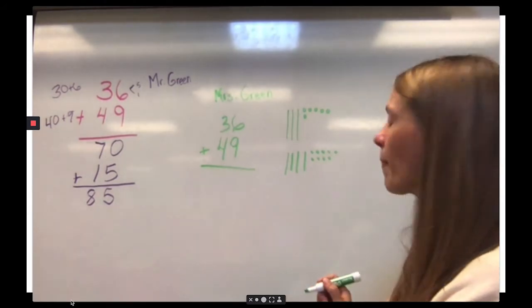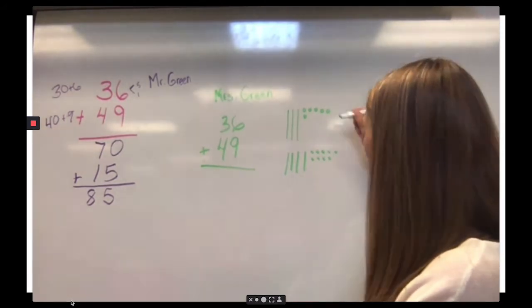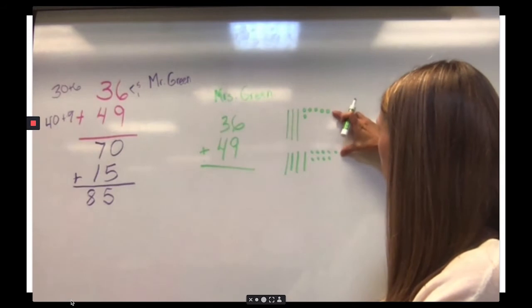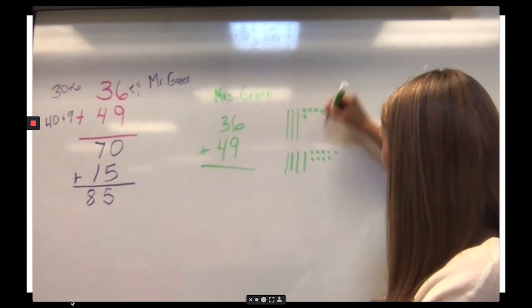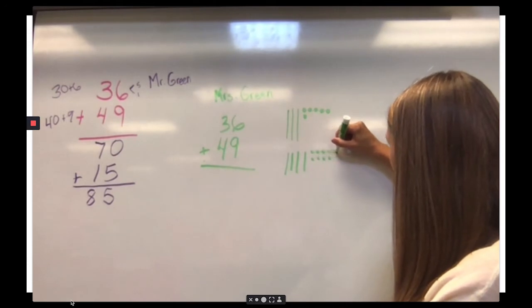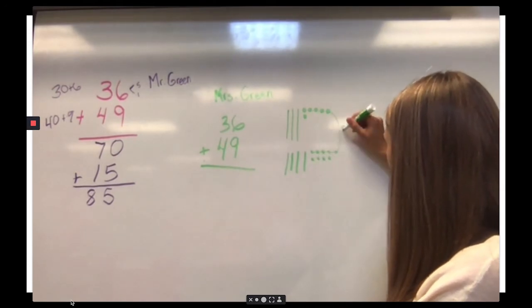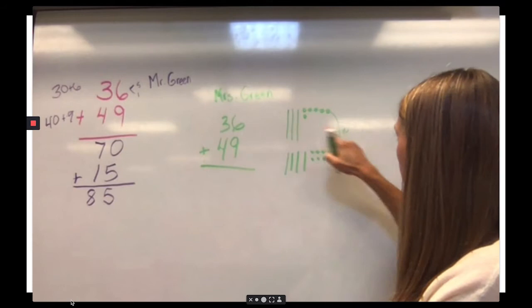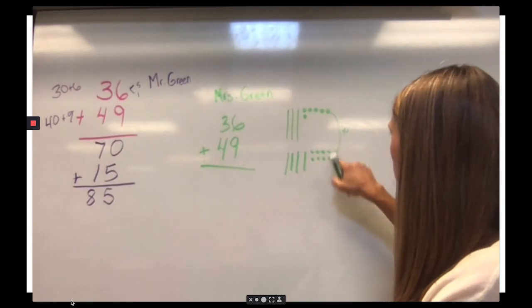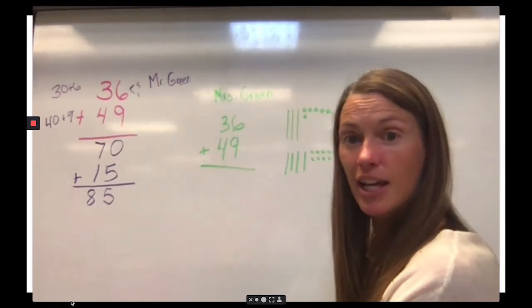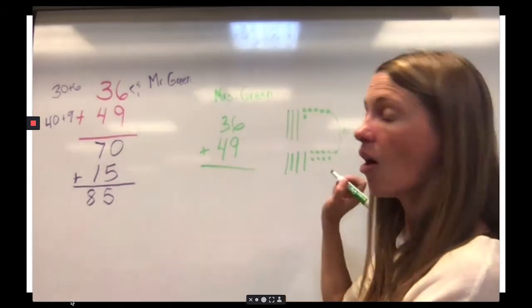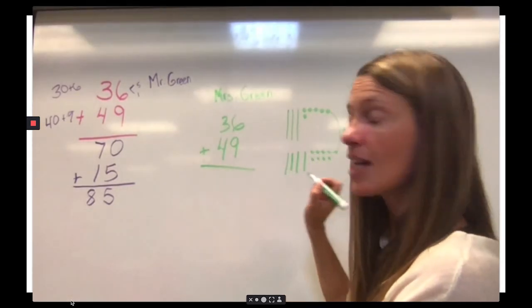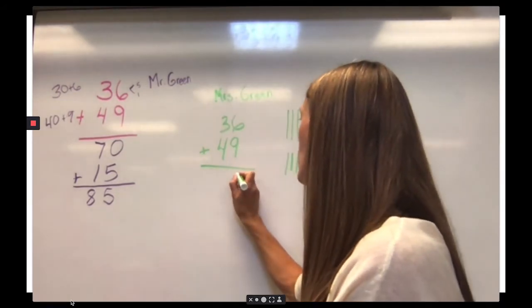Now I can add my ones together, and I have a group of 5 here and another group of 5 here, and those go together to make a new 10. Then I have 1, 2, 3, 4, 5 here, and that will make 15. So I know that altogether Mrs. Green has 15 ones. Now watch what happens here.